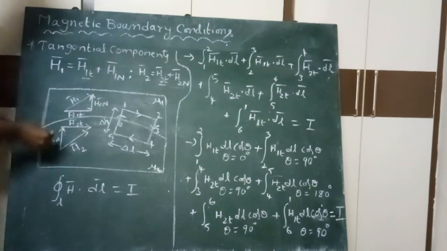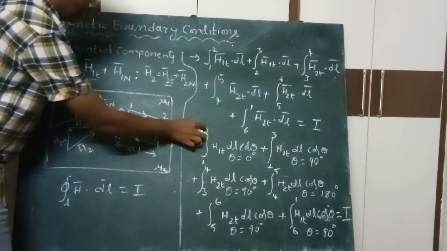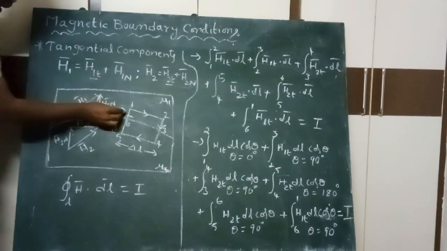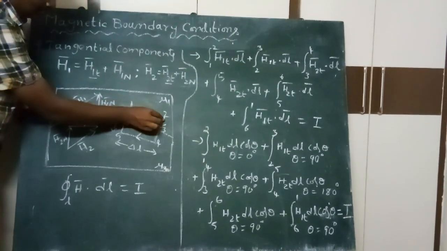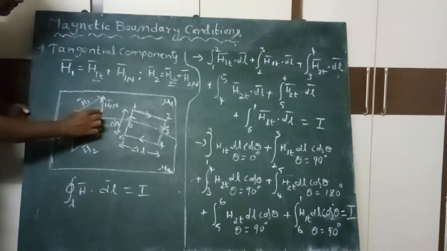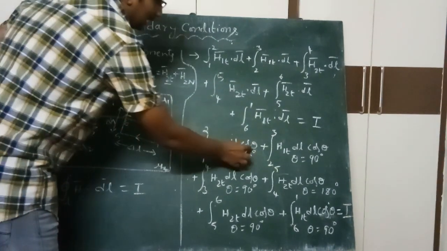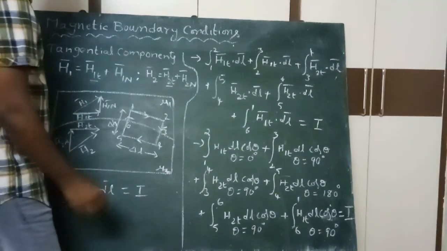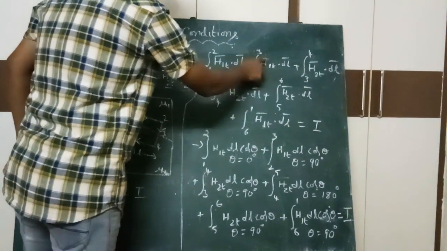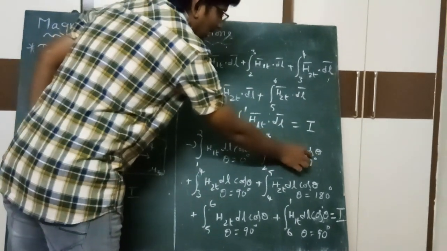So if you see here, this is H1T and dl, integral 1 to 2 dl means this one. Okay, so this dl and H1T are in the same direction. So here the angle theta is equals to 0 degrees, plus integral 2 to 3 H1T into dl into cos theta.